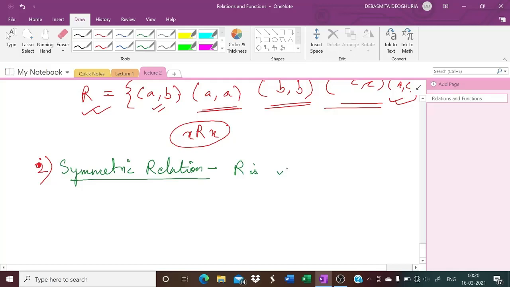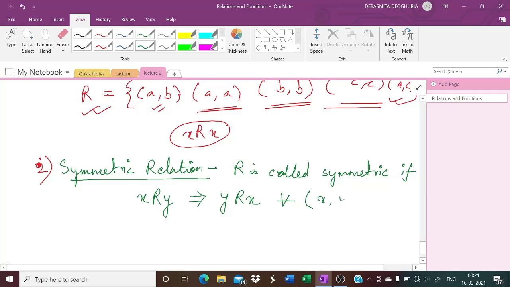Again, R is a relation on set A, and I am not writing that again and again. So R is called symmetric if for x related to y, there exists y related to x in your set R, for all x comma y belongs to R.